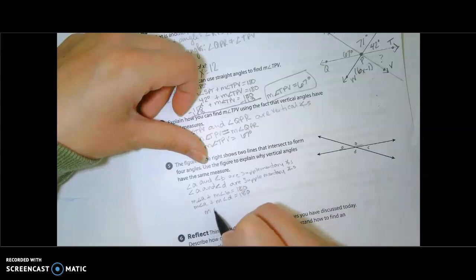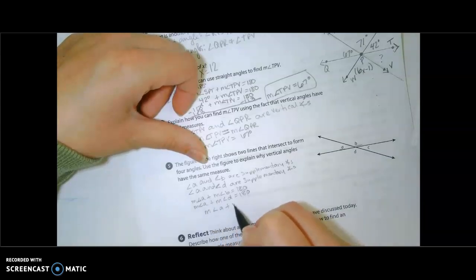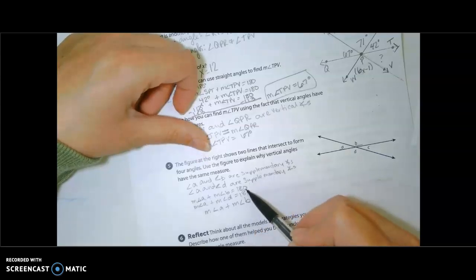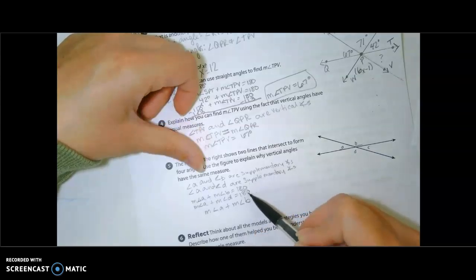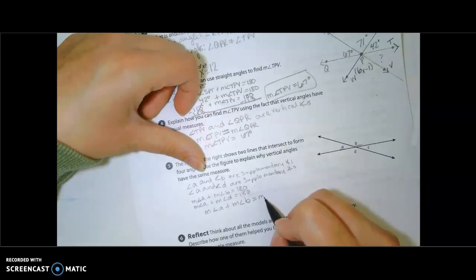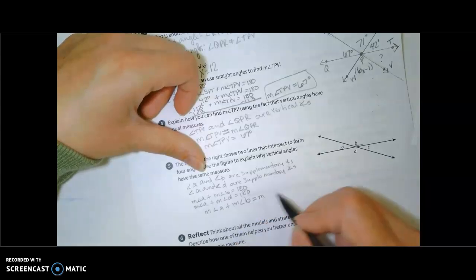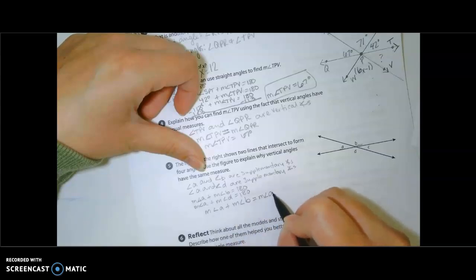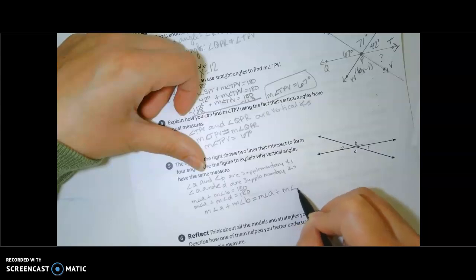So I'm going to write measure of angle A plus measure of angle B equals, technically it equals 180, but so does this next expression. So since they both equal 180, I can say that measure of angle A plus measure of angle B equals the measure of angle A plus the measure of angle D.